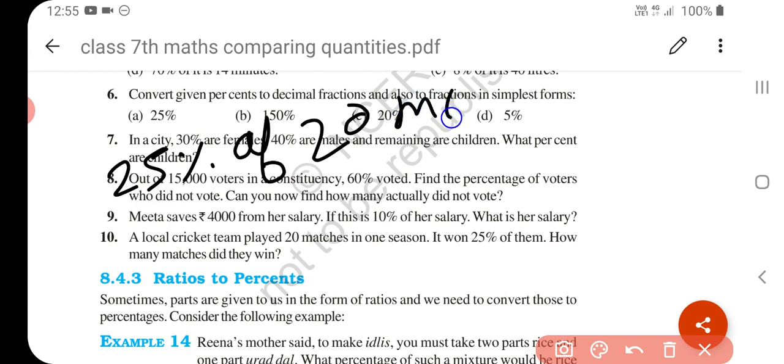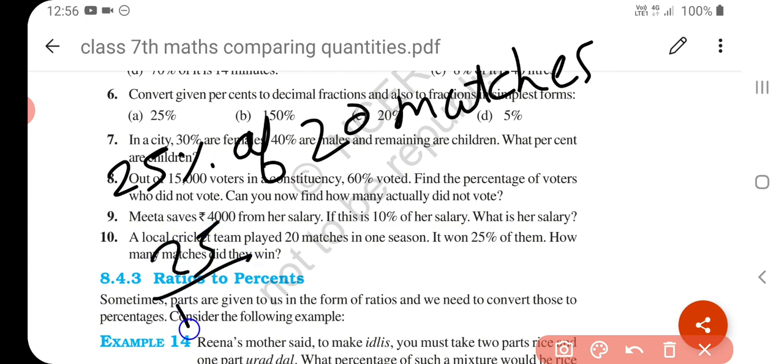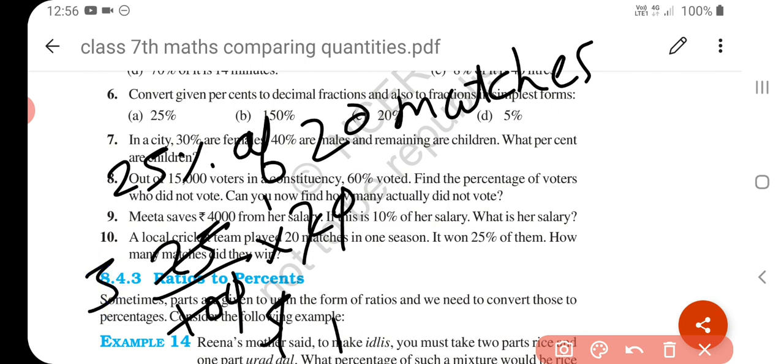So 25 upon 100 into 20. 5 ones are 5, 5 fives are 25. So the team won total 5 matches.